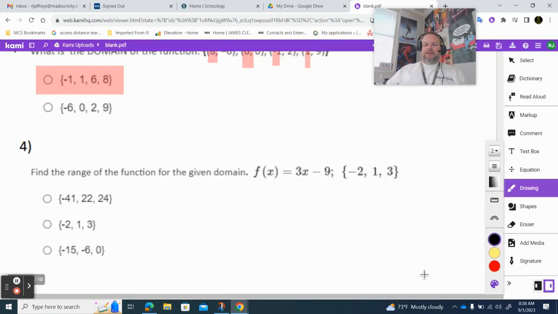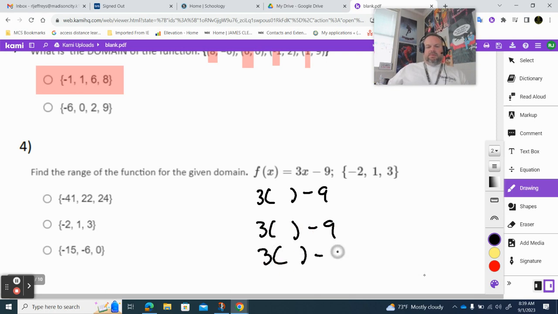All right. So basically, we're going to do this right here for each of these numbers, and we're going to plug it into the calculator. So -2, 1, and 3.